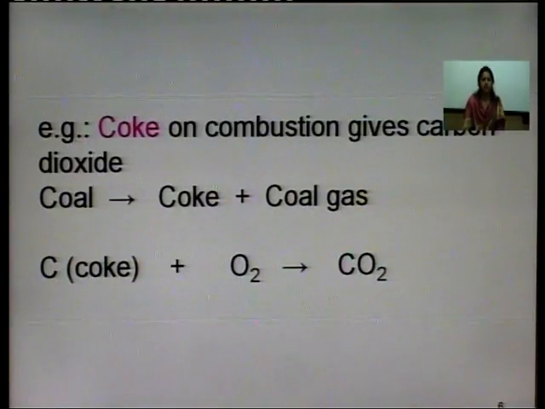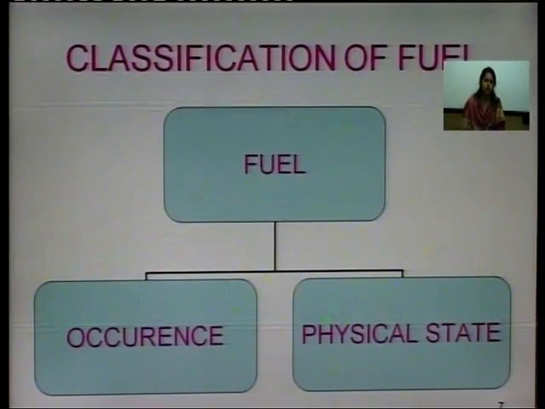Coal, being a complex fuel, first gets converted into coke plus coal gas, then coke, that is carbon, gets oxidized to carbon dioxide. So, in the case of complex fuels, in the first step they get converted into simpler substances which are then oxidized to their respective oxides. So, these are the major changes which occur during combustion.